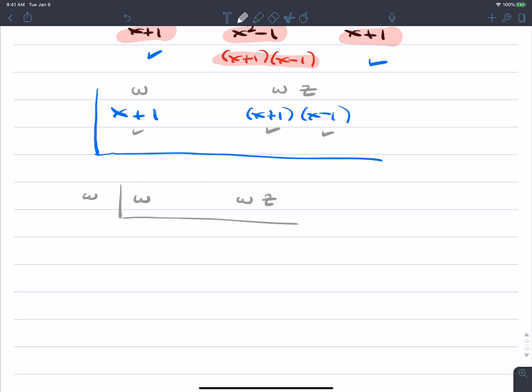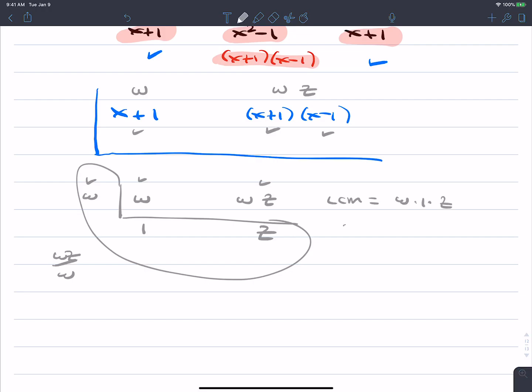What's W divided by W? What's WZ divided by that W? This is my numerator, right? Numerator, this is the denominator. So I have WZ over W. What is that? Z, good. Can you repeat the process? No. What's the LCM going to be then? W times 1 times Z, or the LCM will be what?